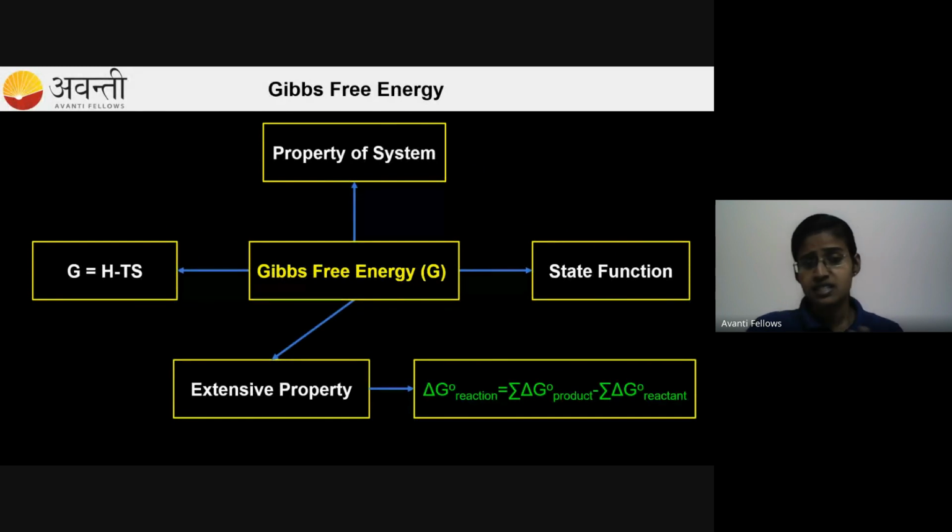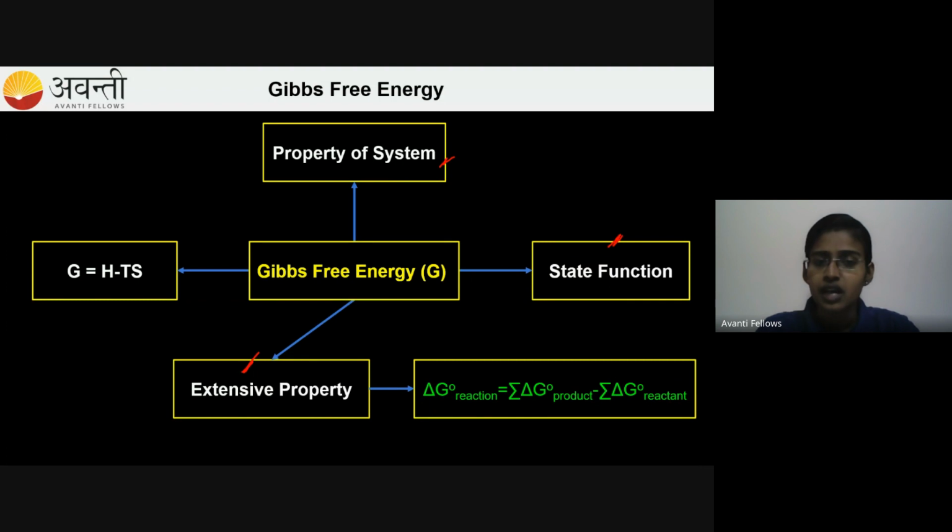It is also one of the properties of the system. It is a state function, which depends only on the initial state and final state. And it is also an extensive property. What is an extensive property? The value changes on changing the size of the system.